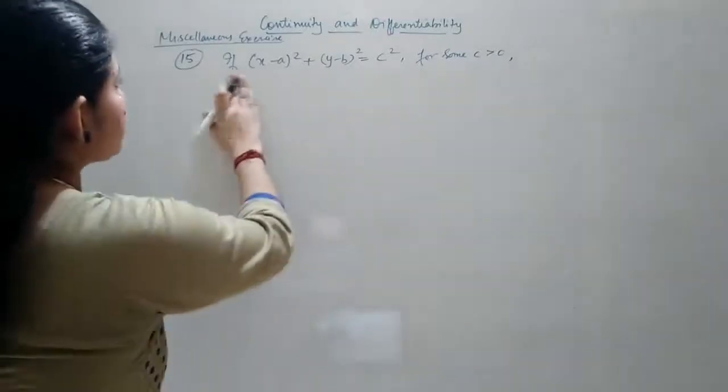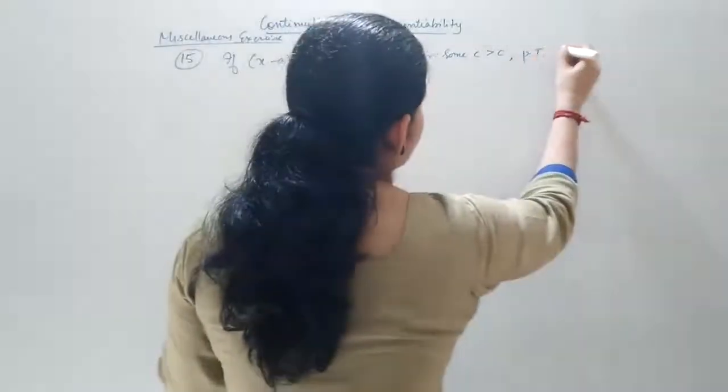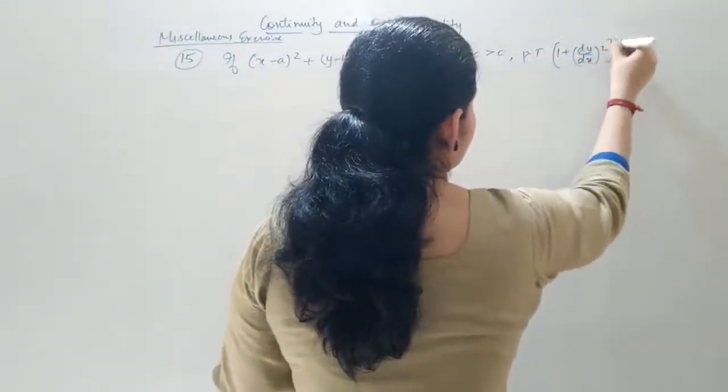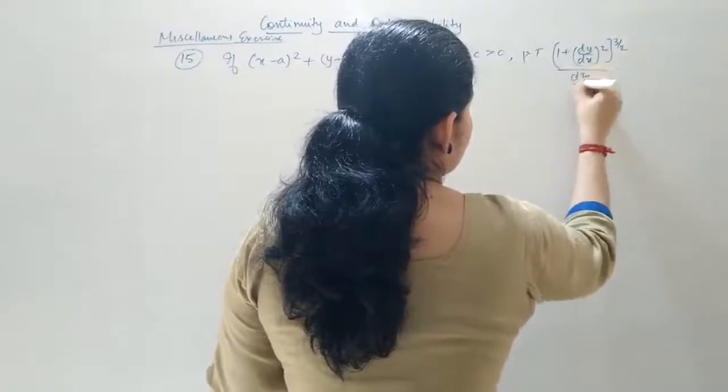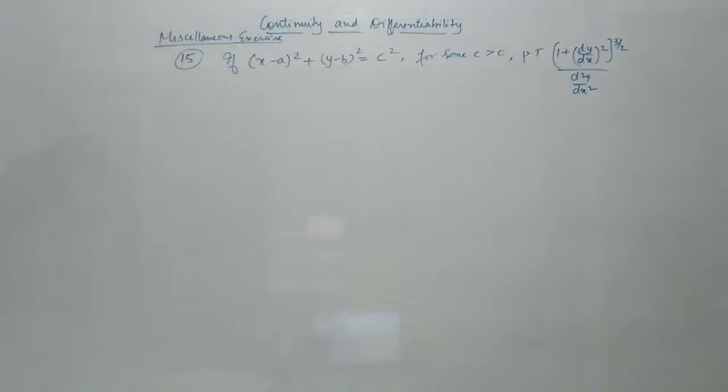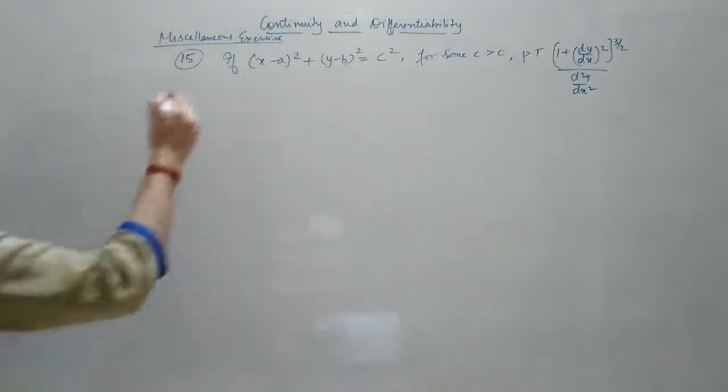1 plus (dy by dx) the whole square, the whole raised to 3 by 2, divided by d square y by dx square, is a constant independent of a and b.